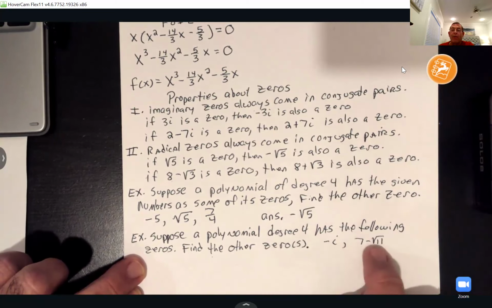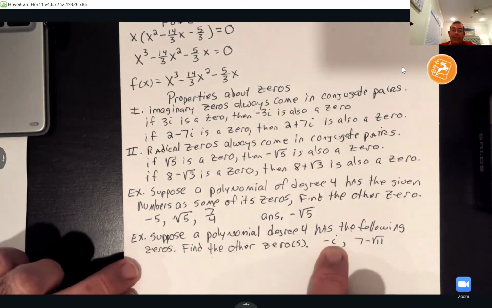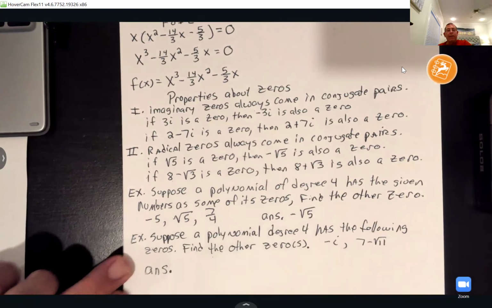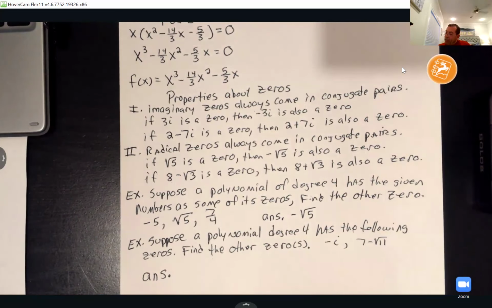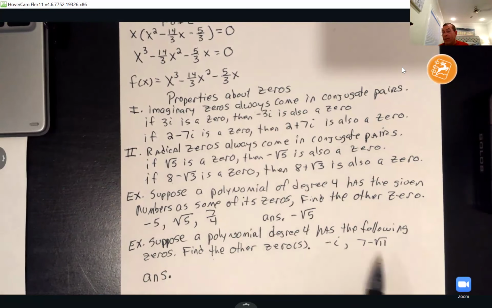Now that's one whole number right here, okay? And that's a single number, that negative i. So if they're giving me 2 zeros and I got a degree 4 polynomial, that means 2 zeros are missing because they only gave me 2. So y'all, what's my other 2 zeros?